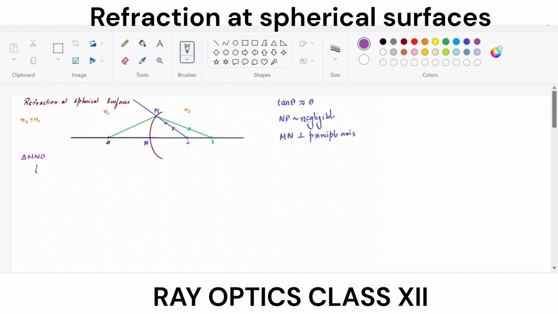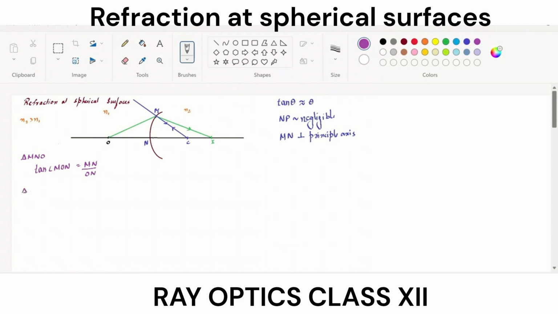In this triangle, tan of angle MON. Why tan? Because I have assumed that MN is perpendicular. If it is perpendicular, then MNO is a right angle triangle, and for a right angle triangle we can use trigonometric identities. So tan of MON will be equal to MN upon ON. What is that? Perpendicular over base.